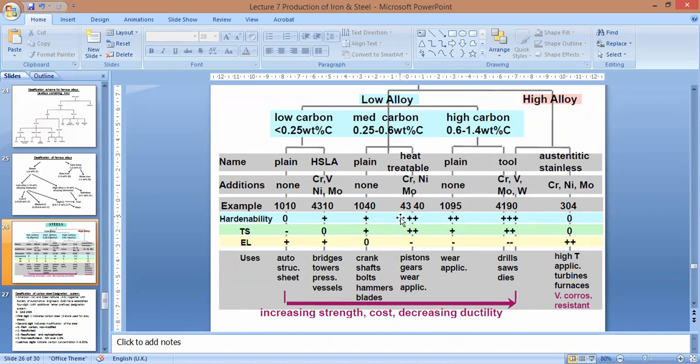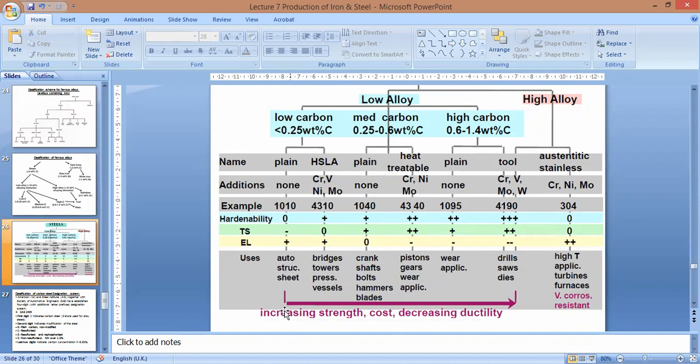And then hardenability, meaning it's hard, it's strong. And then ductility, no. And then with the uses there, you have pistons, so ductility is low, gears, and wear applications.